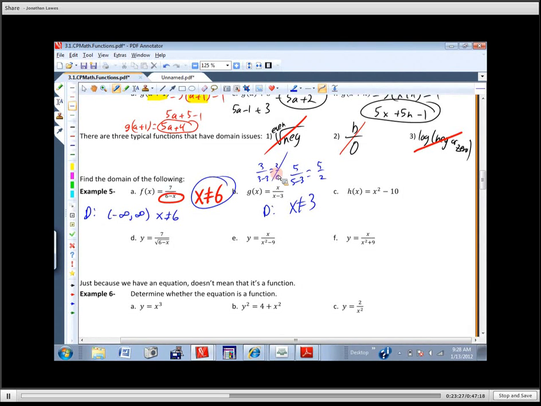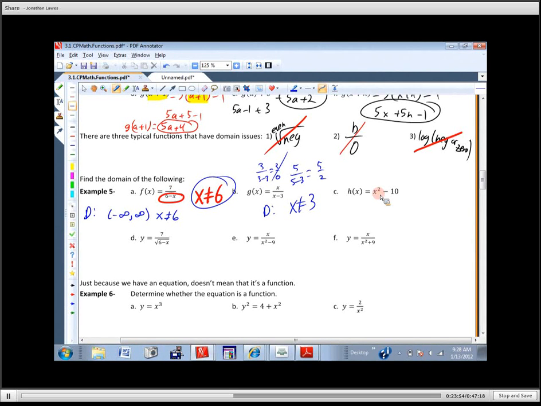Does it have any even roots? Nope. Any division? Nope. Any logarithms? Nope. Okay, there are 25 people in this room right now. If we each picked a different number, go ahead, pick a number, get it in your head. If you plug that in, what's the first thing you do with it? First thing you do is you square it. Then what do you do? Subtract 10.